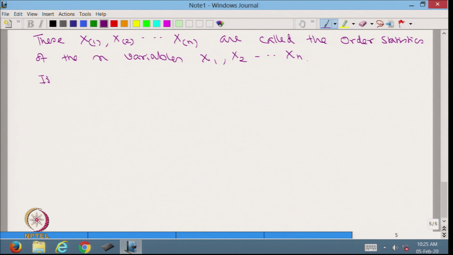In particular, x(r) is called the rth order statistic.